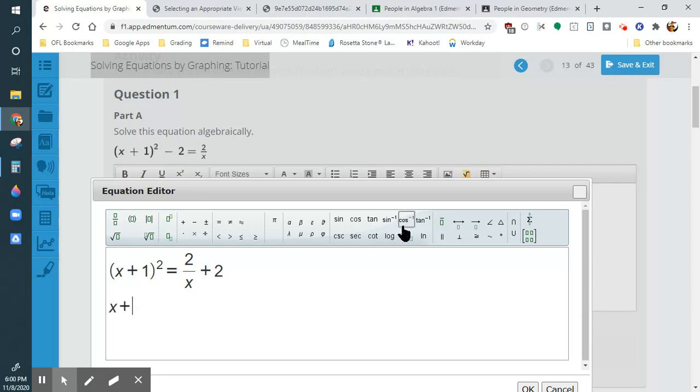Then we have x plus 1 equals the square root of 2 over x plus 2.